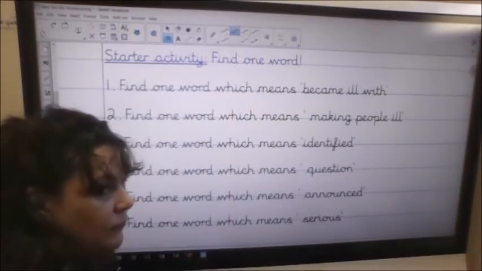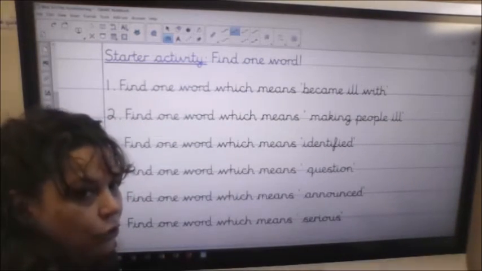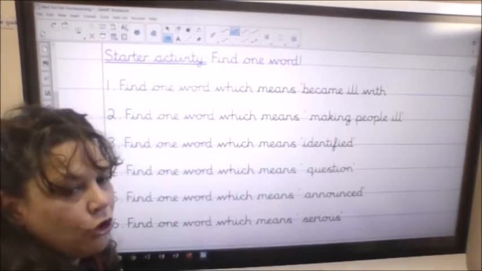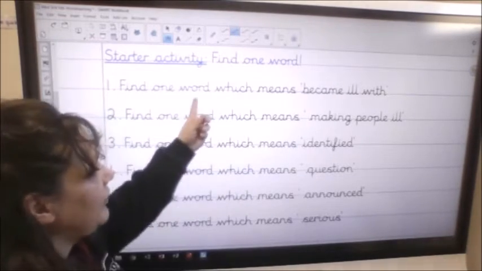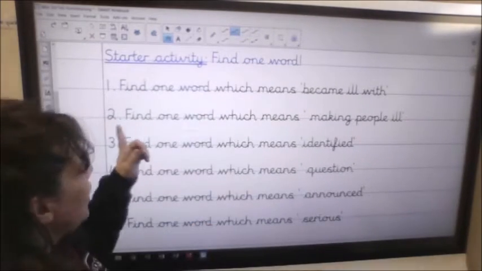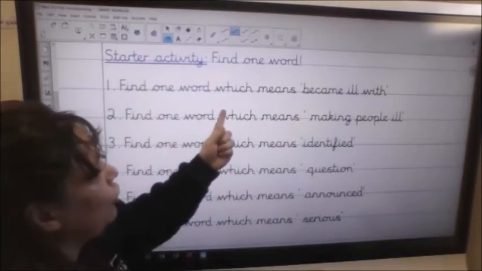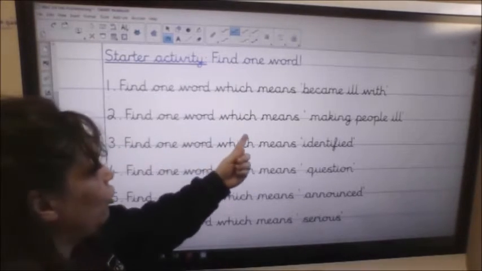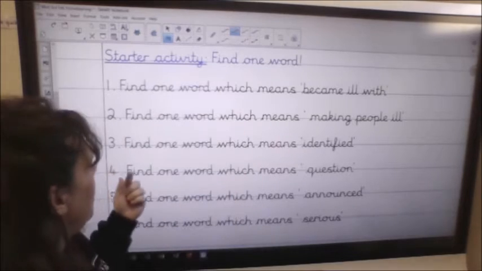So, when you've read through your text really carefully and you've underlined those words you are not sure of, you can then have a little look at the questions here. Okay, so you've got to find one word which means became ill with. Number 2, find one word which means making people ill.